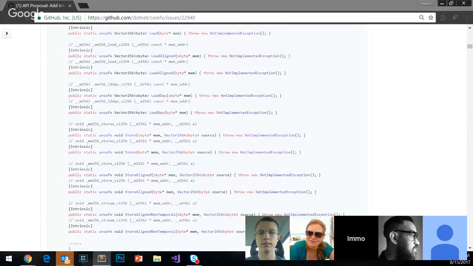Because it would need a body where you check the span length, that the span length is the same or greater than the vector type you were loading. Yes, we would. I'm saying we would still have those that take byte star, and then we would have overloads for people who don't want to deal with unsafe code.